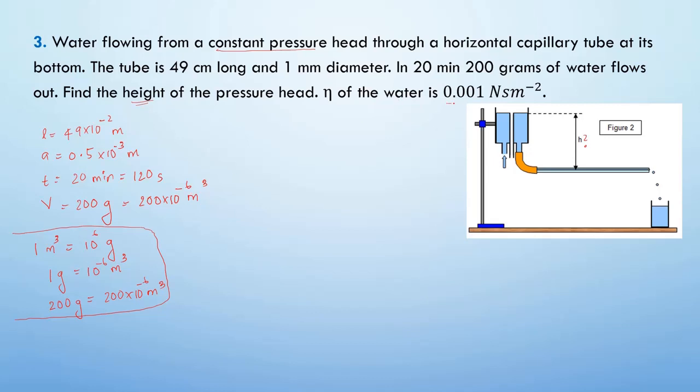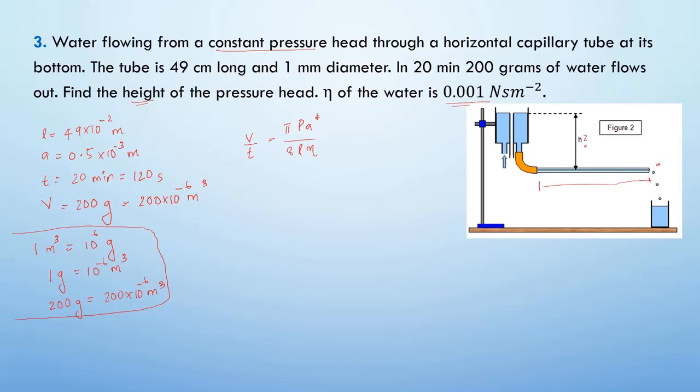Eta is already given. What we need to find? We have the equation, V by T is equal to pi P a to the power 4 divided by 8 L eta. And the pressure here is the pressure difference between these 2 points. Let's consider atmospheric pressure to be 0.